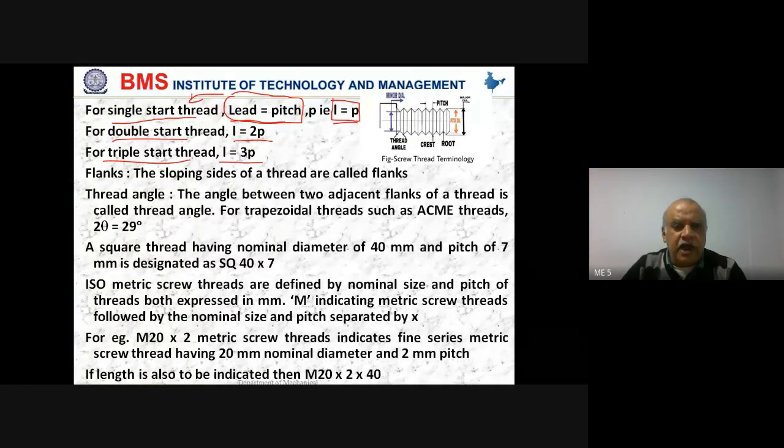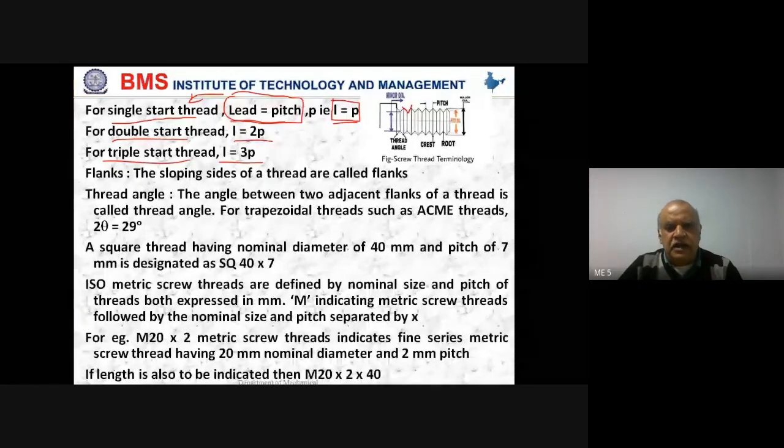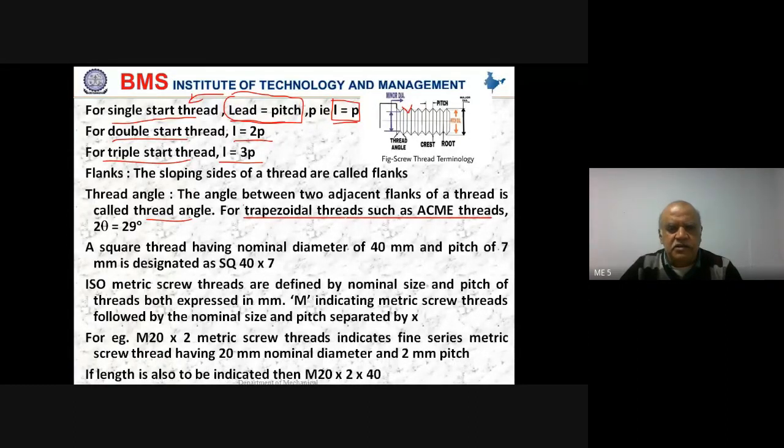And what are flanks? They are the sloping sides of the thread, called the flanks. The angle between 2 adjacent flanks of a thread is called the thread angle. For trapezoidal or acme threads, the thread angle 2 theta is 29 degrees.